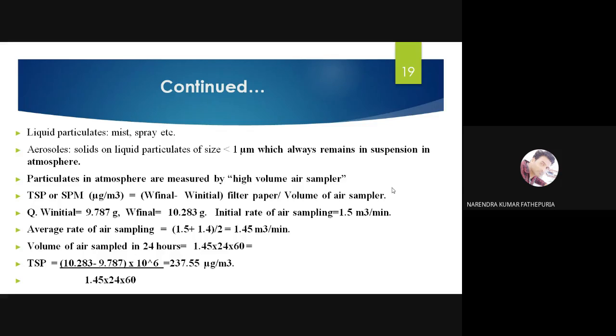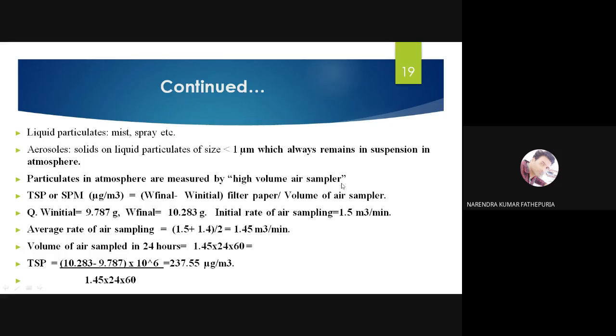While going for the measurement of pollution, there are various devices that you have to use. Total suspended particulate matter is generally measured in microgram per cubic meter.